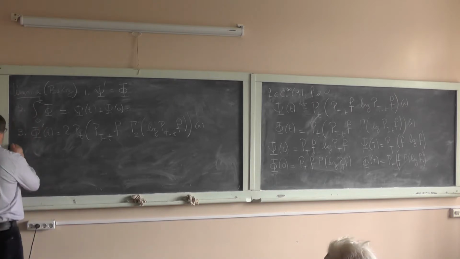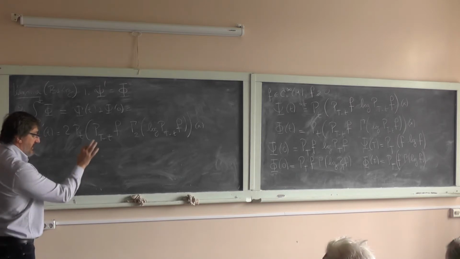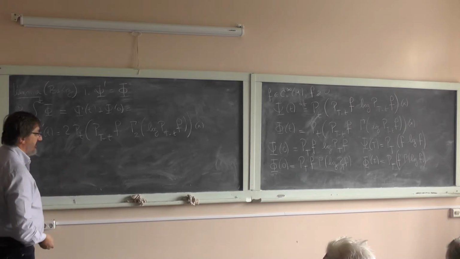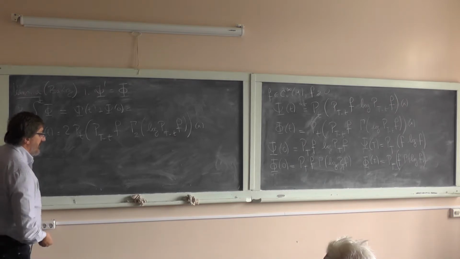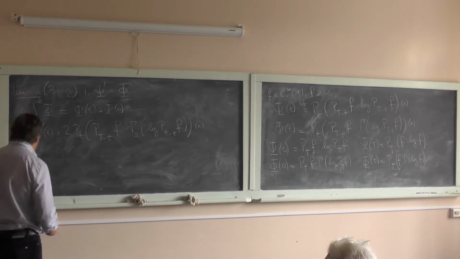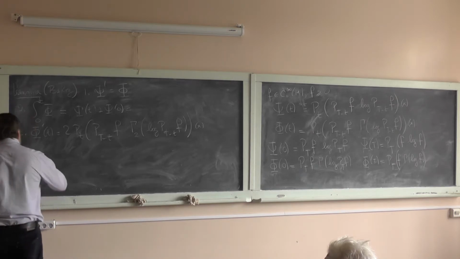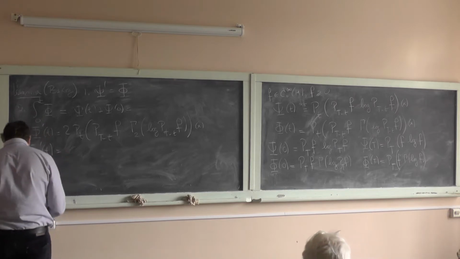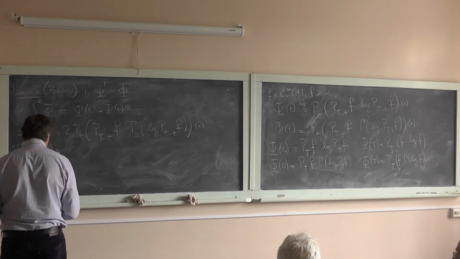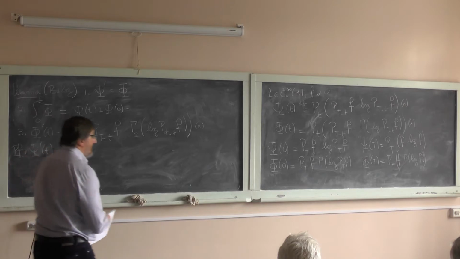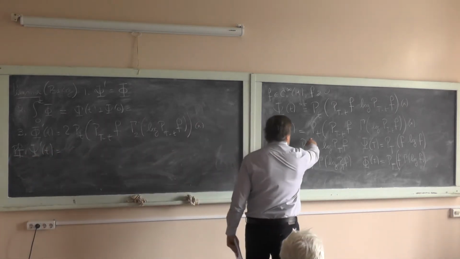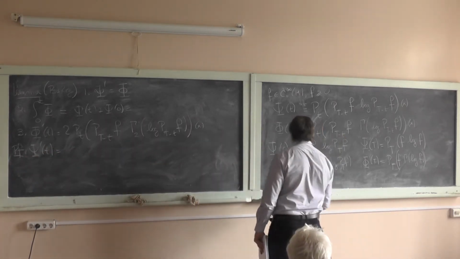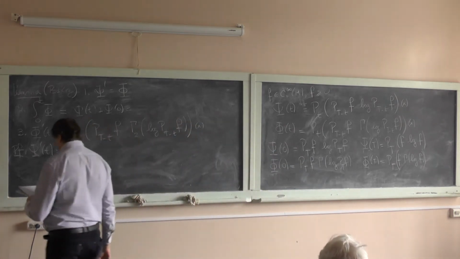Alright, so let me do the proof then. Unfortunately, I have only these 2 blackboards, so I have to be very careful with the space. So, first of all, psi prime. We have to differentiate first this object, and then we have to put the derivative in t under the integral sign.